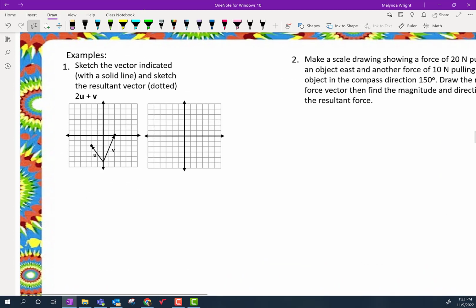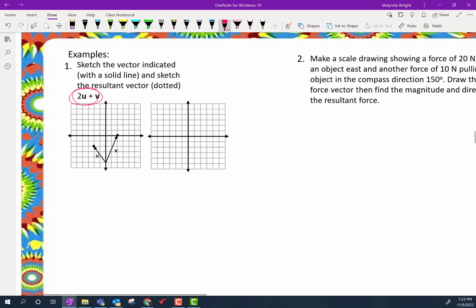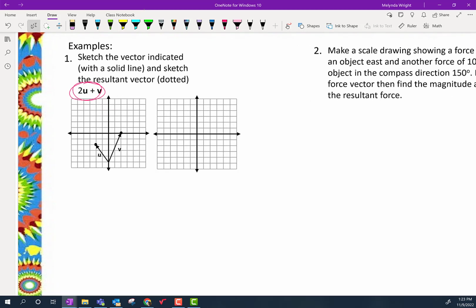So they want us to sketch the vector indicated. We're looking at 2u plus v, and we're going to sketch it on the next grid. So let's think about what that means. u is, if I'm talking about where it starts, it goes left 2 and it goes up 1, 2, 3. Okay, that's what u does. So I'm going to start my 2u from the same place.